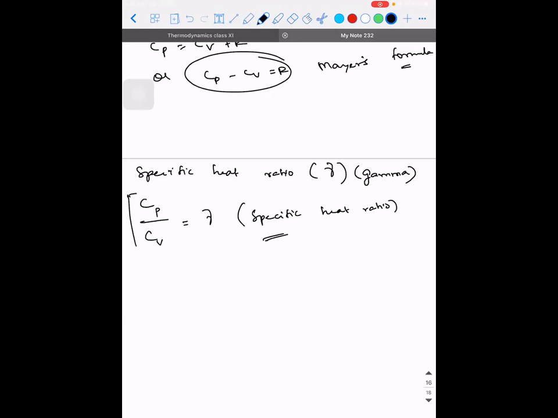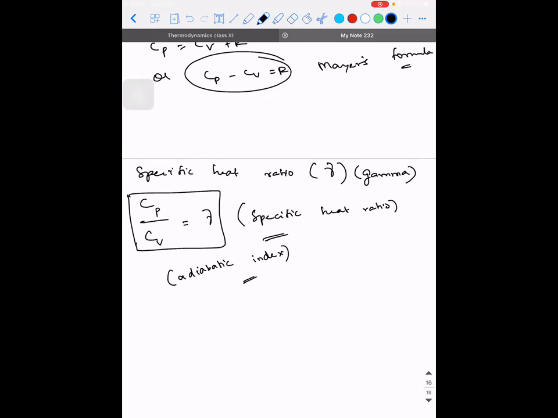Okay. This term is important for you to understand the adiabatic process. This is not a term that is used in books. Sometimes they call this gamma the adiabatic index also, but most commonly it is called specific heat ratio only.